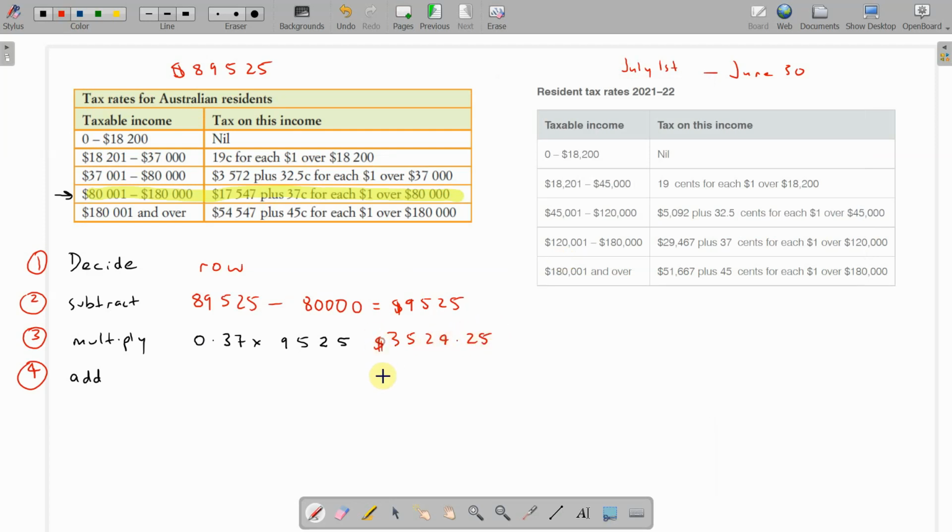Okay, so that's 3 of the 4 steps. Now because this is here, we've got to add this plus this. So 17,547 plus this.